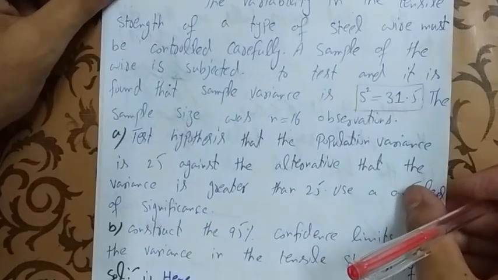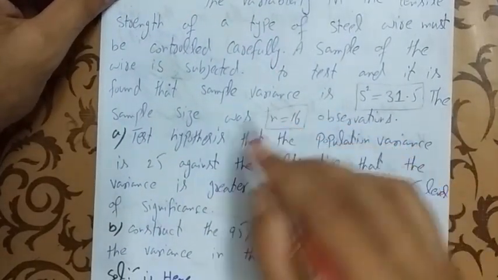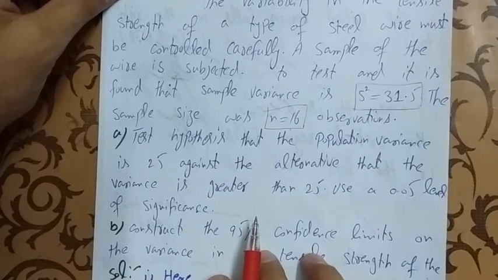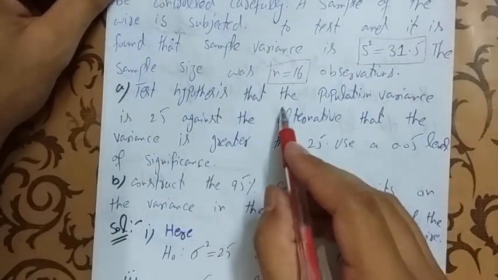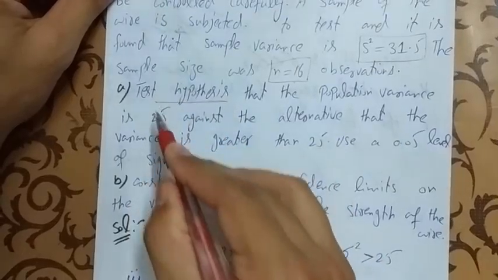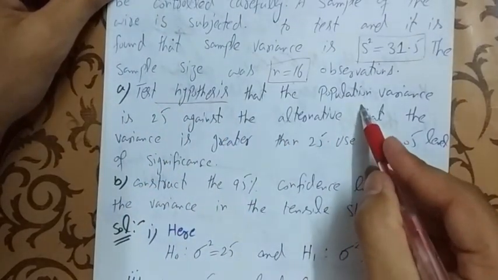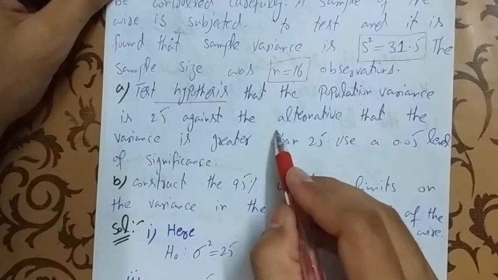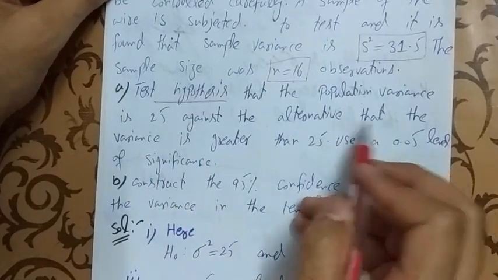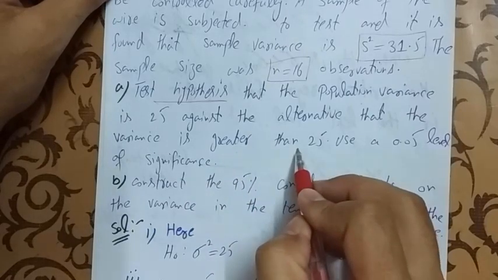The sample size n is equal to 16 observations. Now test the statistic that the population variance is 25 against the alternative that the variance is greater than 25.